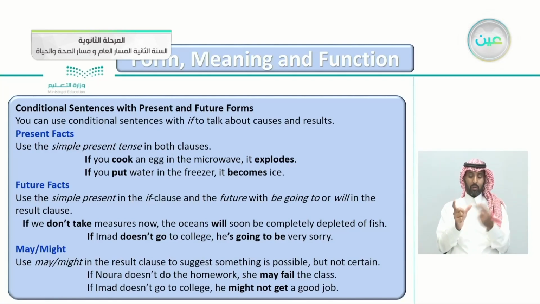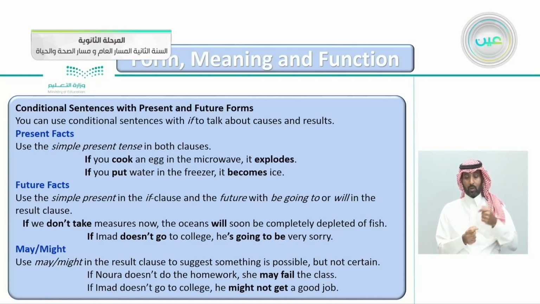What about if we talk about future facts? We use the simple present in the if clause and the future be going to or will in the result clause. Again, if we're talking about future facts, what will happen in the future, use the simple present in the if clause, and the future with be going to or will in the result clause.